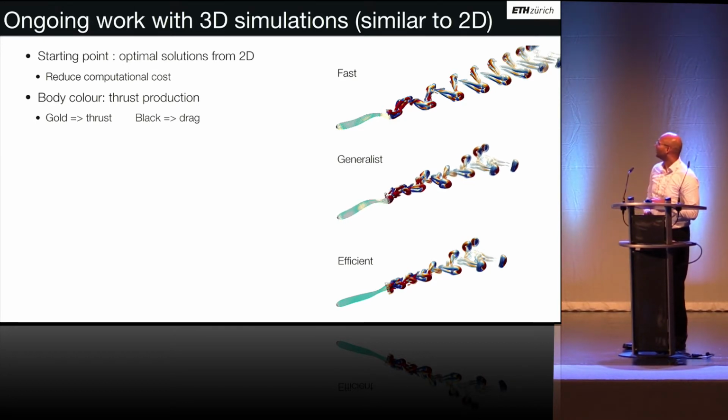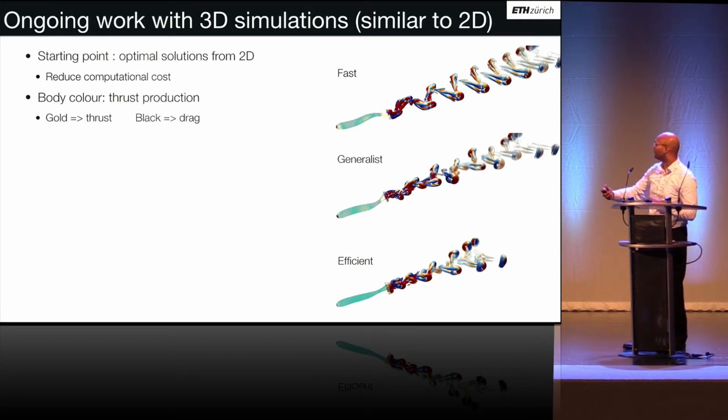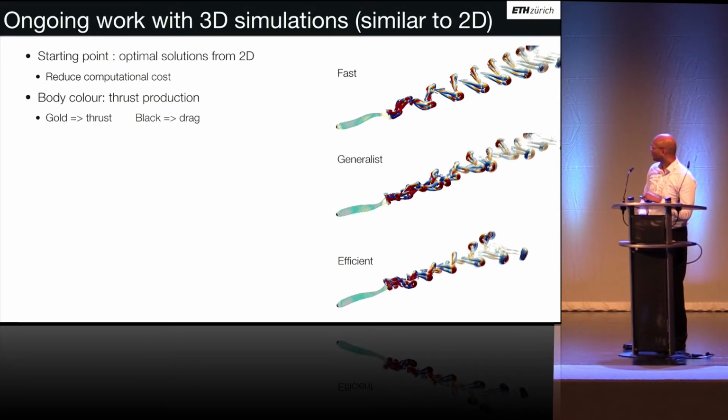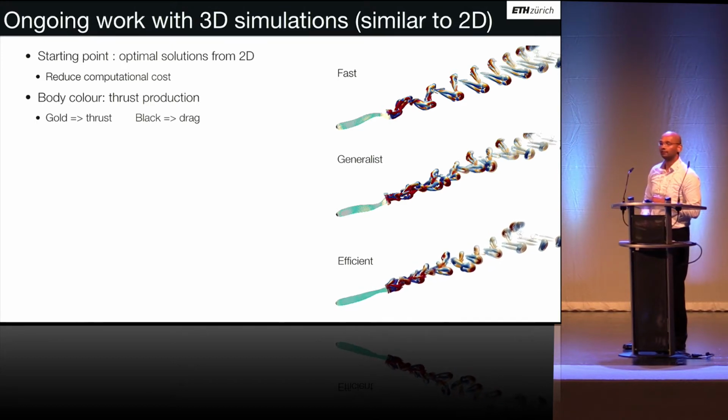If we look at the generalist, again, it accelerates quickly, and then it slows down its body undulations. The most efficient swimmer also accelerates quickly, and then almost comes to a standstill, but not quite.